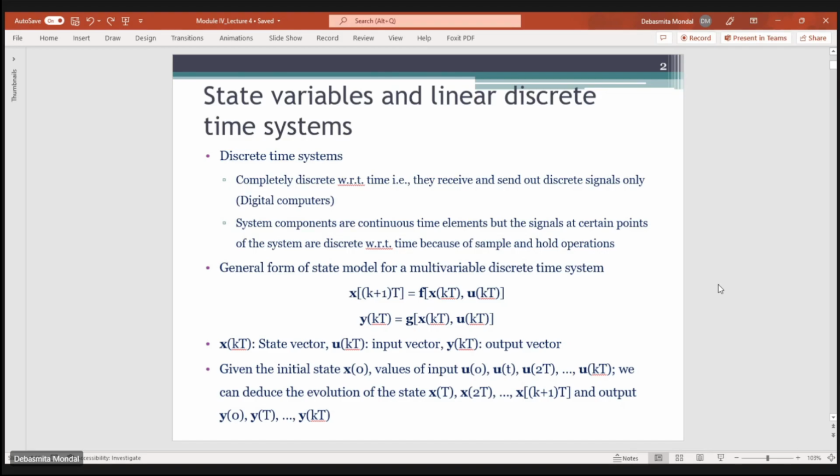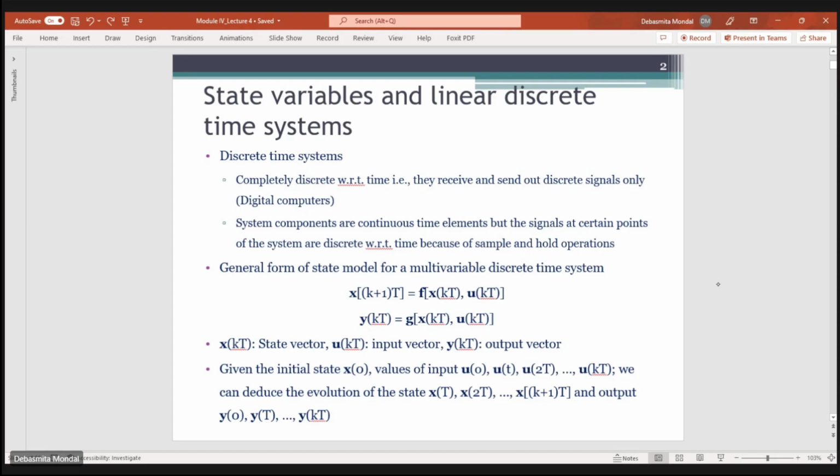In general, for a multivariable discrete time system, where multivariable means there are multiple inputs to your system, the general form of the state model can be written like this. x(k+1)T is a function of x(kT), where x(kT) is the state vector, the vector comprising all the state variables.